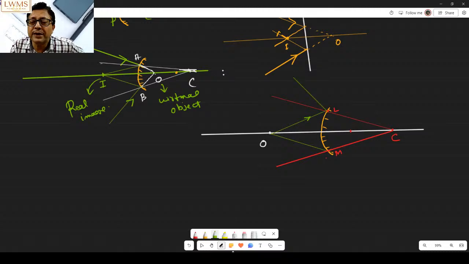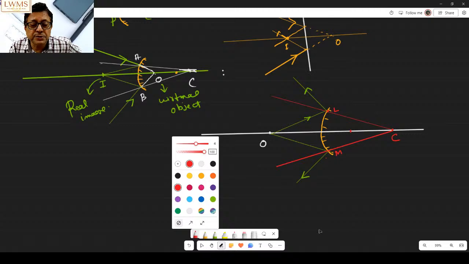It will go this way, and here also it will go this manner, isn't it? Now if you produce this reflected ray back, they are not meeting, no? So obviously a virtual image is going to be formed.